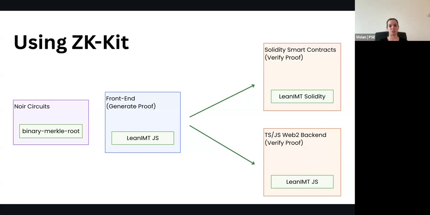These are the same data structure, but each implementation is optimized for each environment. So the implementations are not the same, but they generate the same results, because one implementation is optimized for JavaScript, and the Solidity implementation is optimized for smart contracts, like gas costs and things like that.